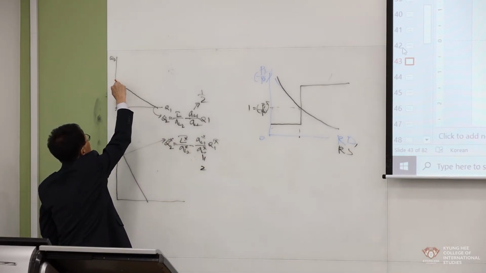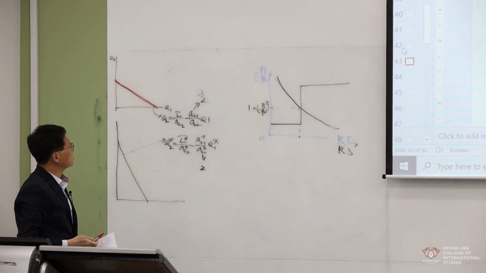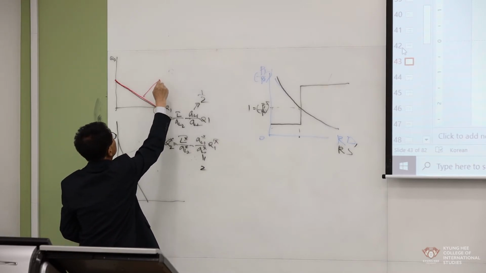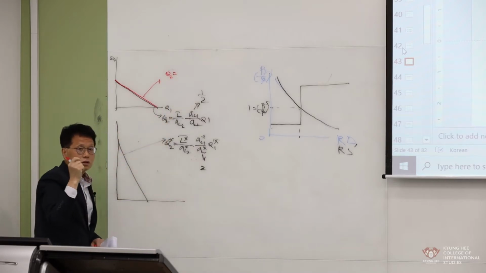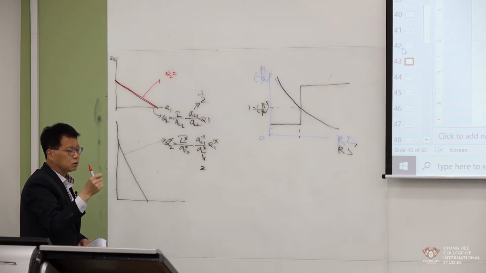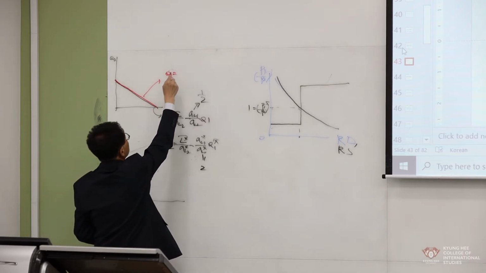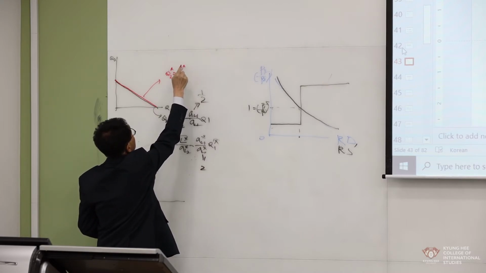The red one was the iso-value line. Right? This iso-value line means P1 Q1 plus P2 Q2 is V.